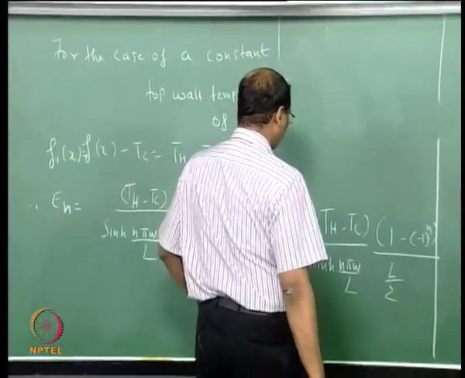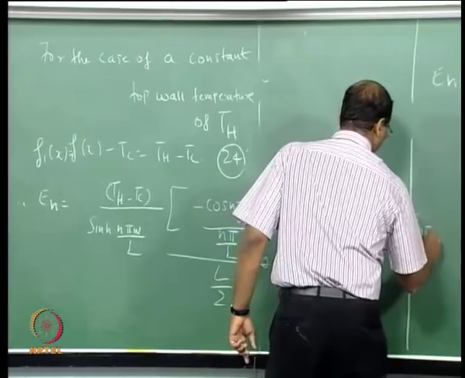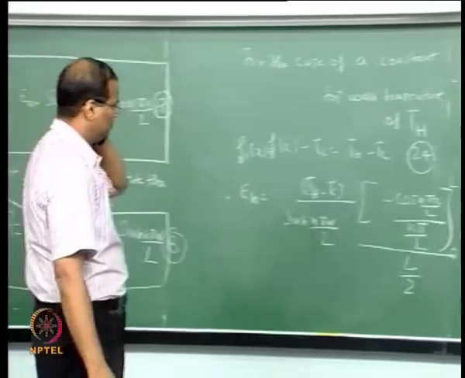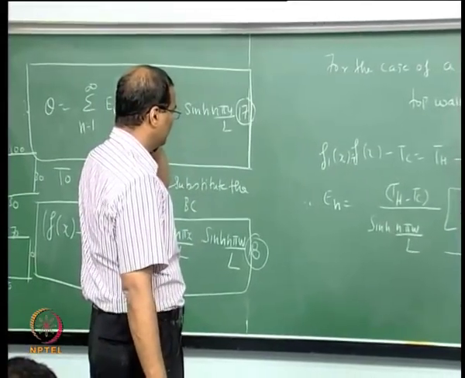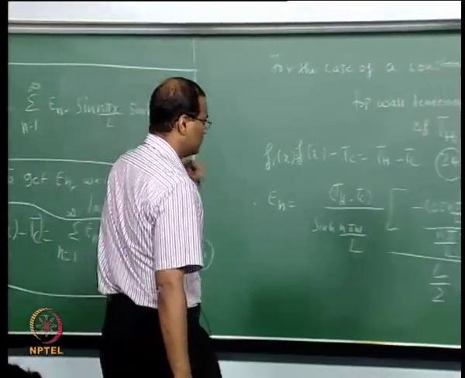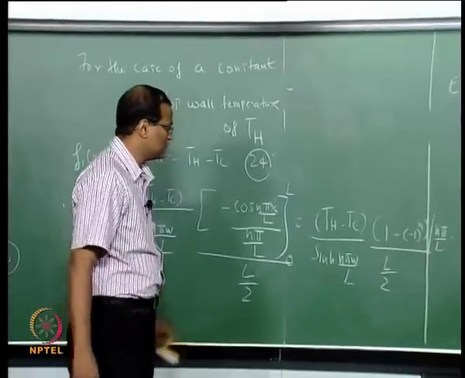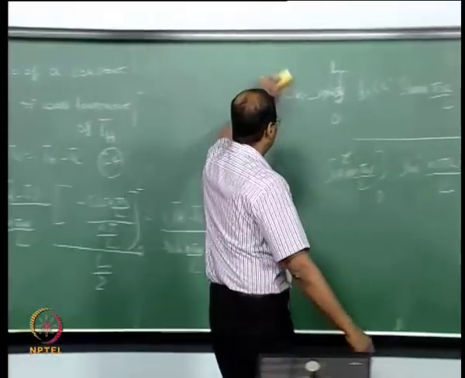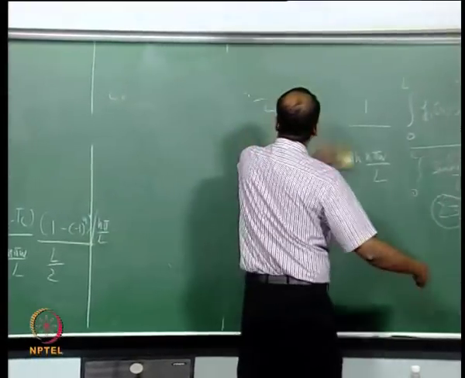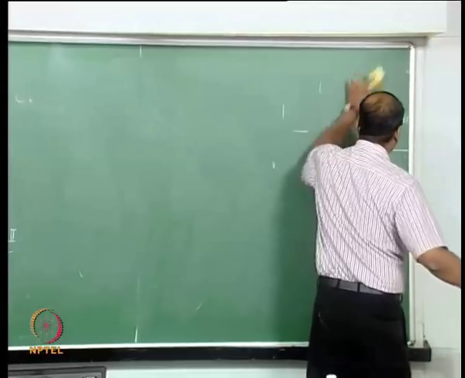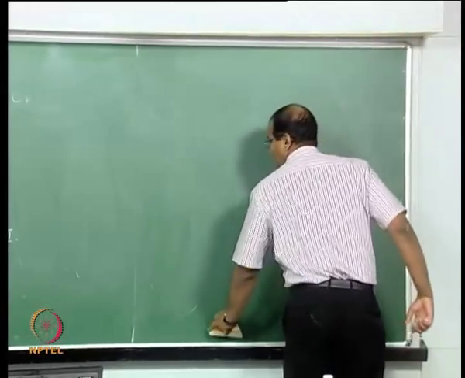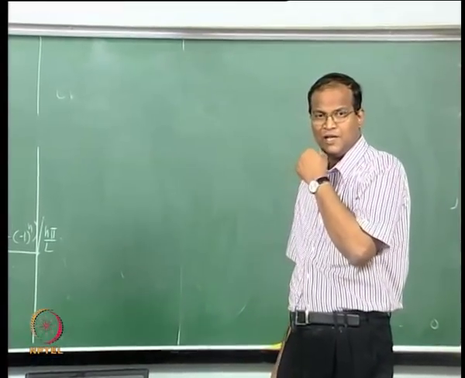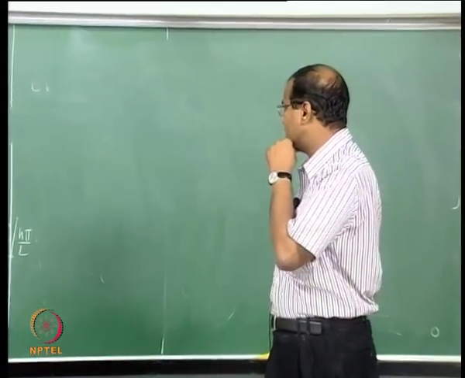Cos n pi, is it okay? I put 1 minus minus 1 to the power of n, that is, it will alternate, right? It will become 0 and this thing, so that 2 will come.